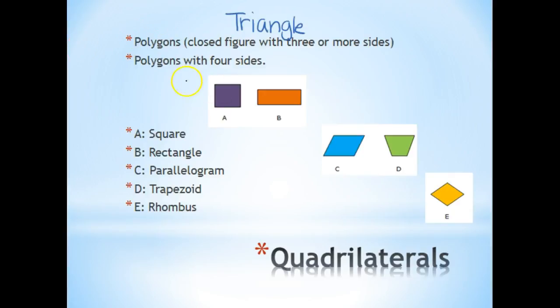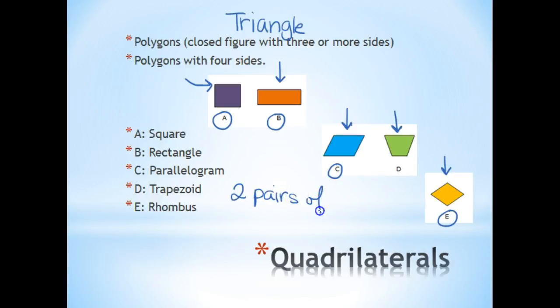So for example, we have a square, we have a rectangle, a parallelogram, a trapezoid, and a rhombus. Now, this one, this one, this one, and this one all have 2 pairs of parallel sides.